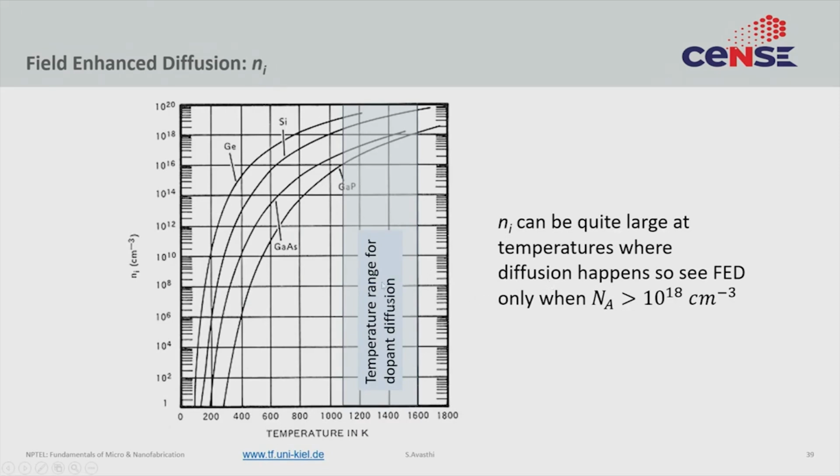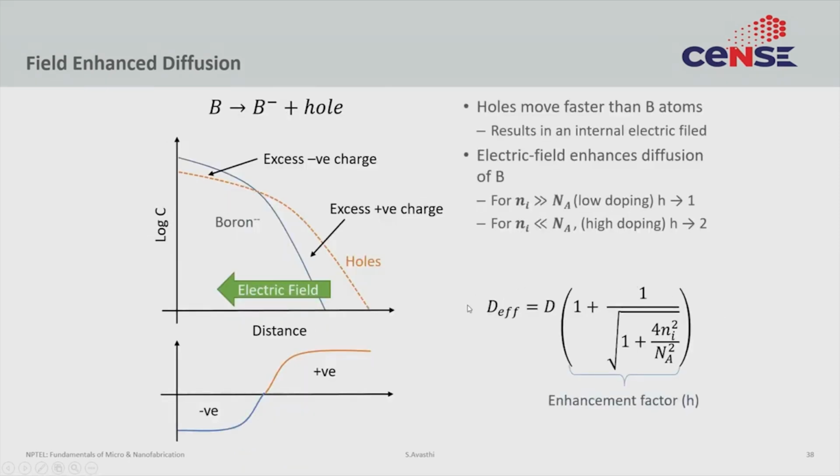For example, at high values the Ni values can be 10 to the power 18 and more. So, for cases where the dopant is more than 10 to the power 18, you must expect field enhanced diffusion. If your doping levels are less than 10 to the power 18, this formula tells you you should not expect field enhanced diffusion.